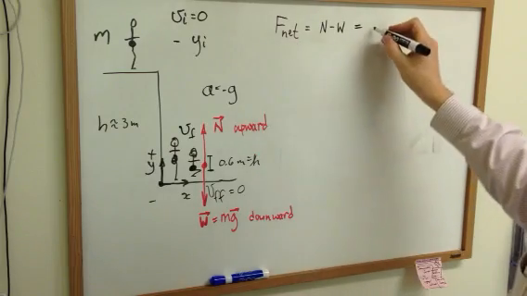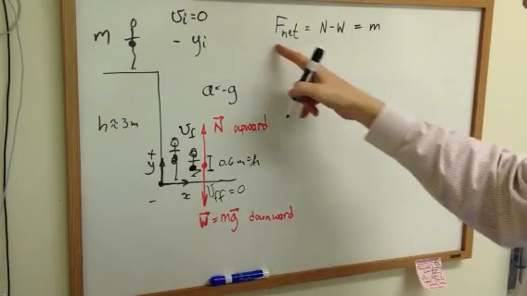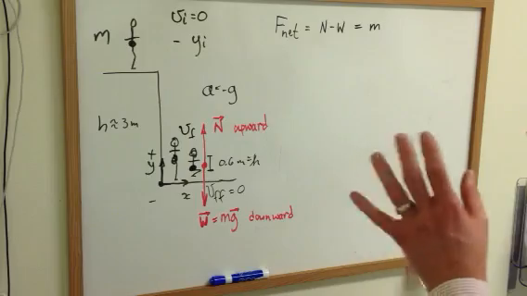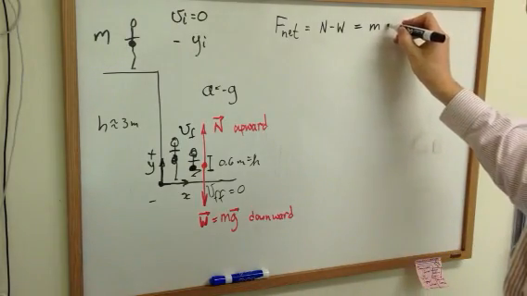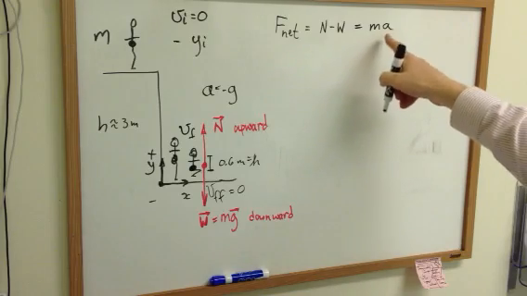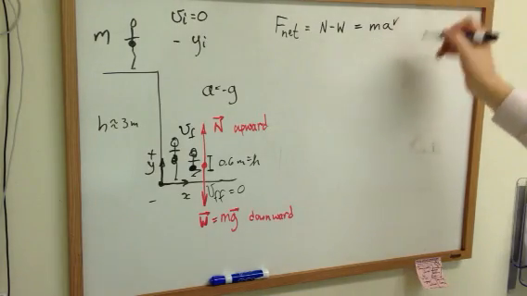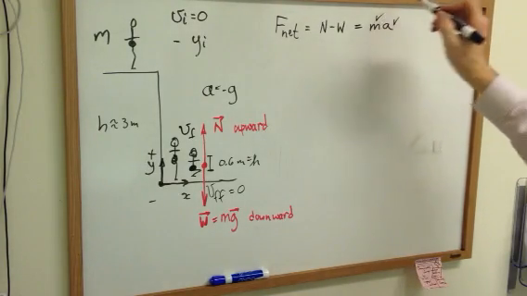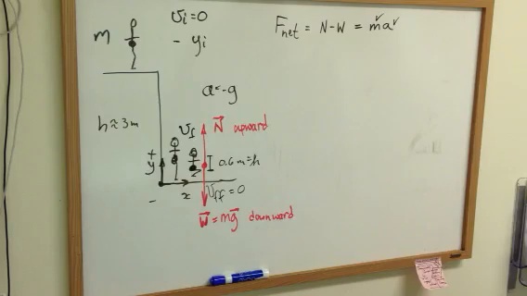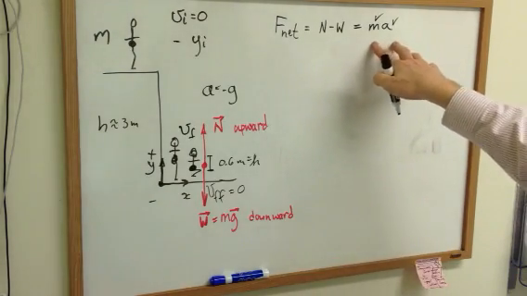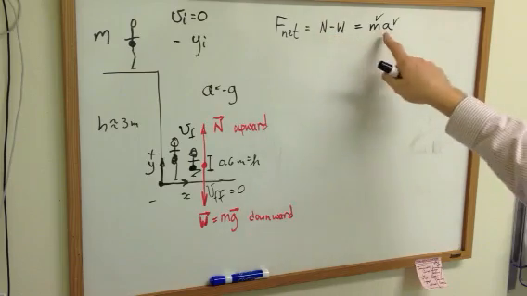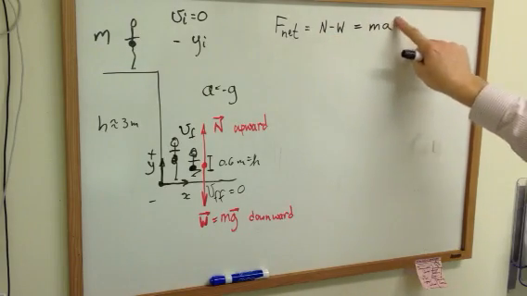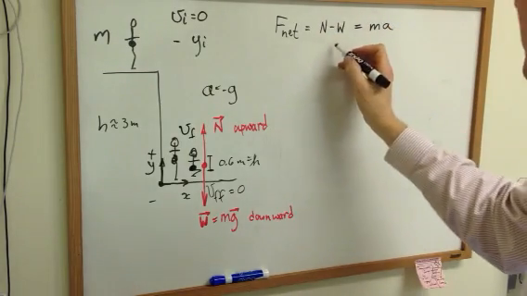Any net force causes an acceleration by the very powerful formula F equals ma. That's Newton's second law of motion. We know what his acceleration is, we know what his mass is, and this acceleration is a positive value upwards.